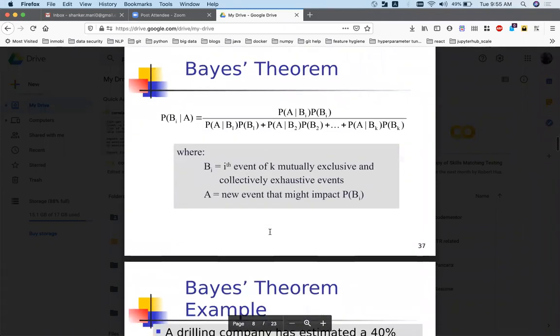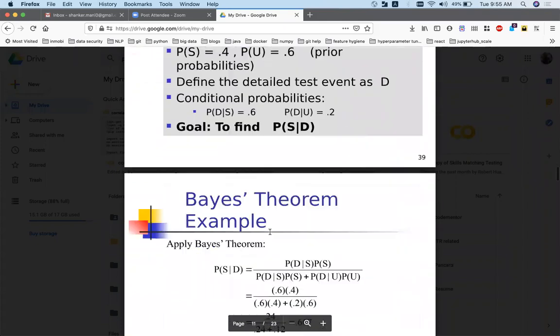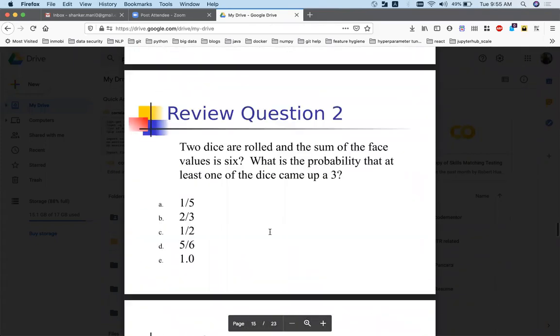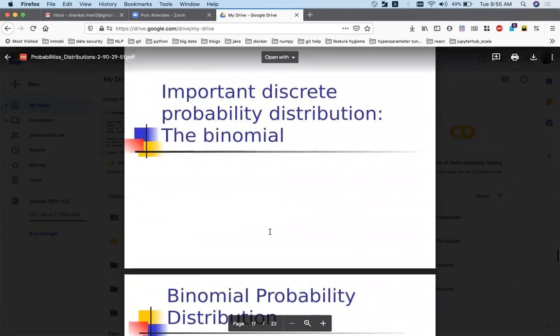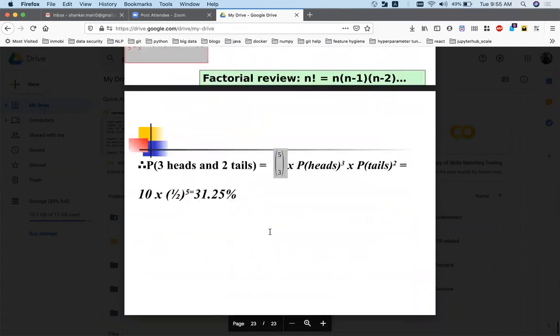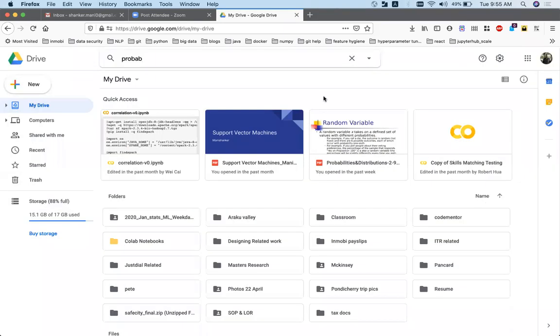Once we discuss Bayes theorem, there are some basic questions that you can do, and then we'll discuss binomial distribution. Tomorrow we'll discuss Bayes theorem and binomial distribution. Okay.